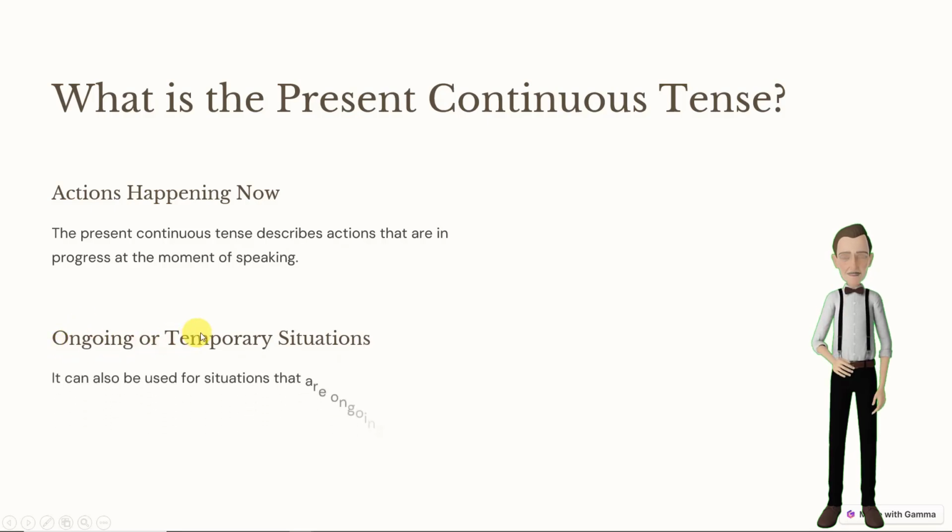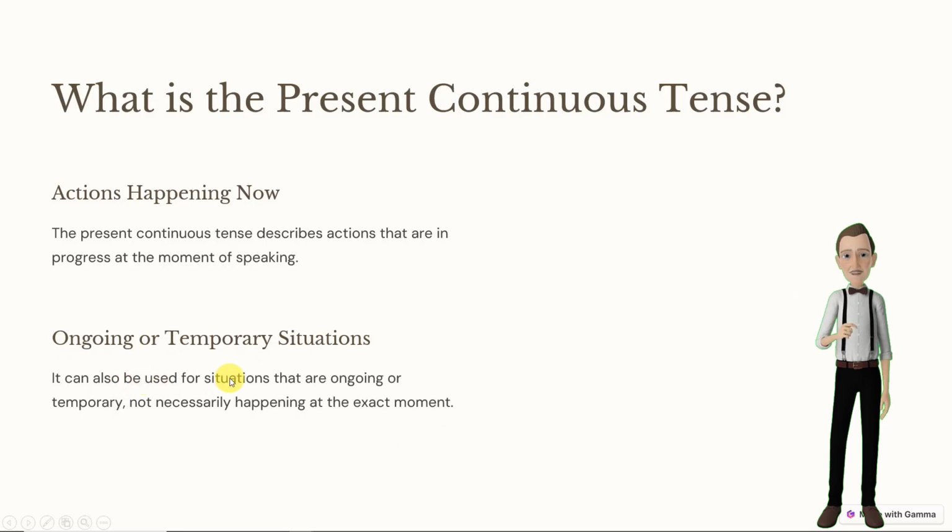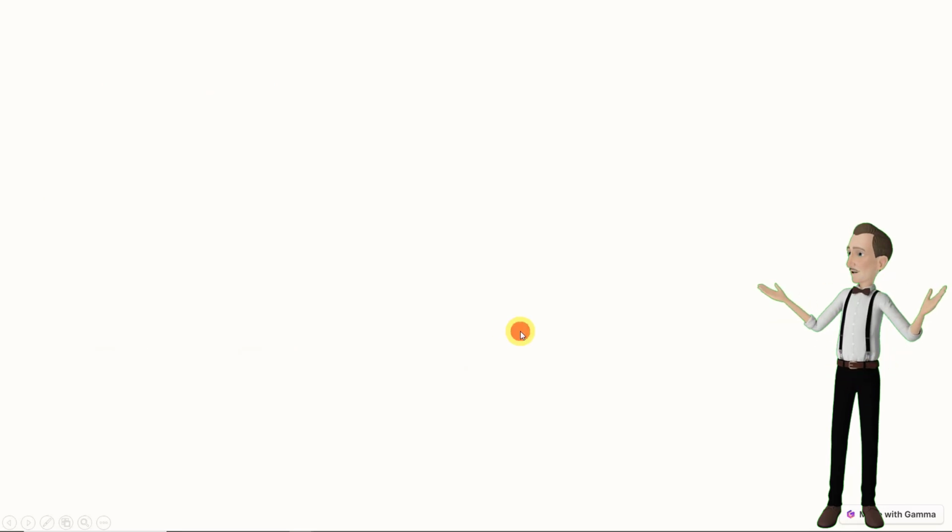Ongoing or temporary situations: it can also be used for situations that are ongoing or temporary, not necessarily happening at the exact moment. Guys, like I said just now, I would advise you to have a watch of the previous video.